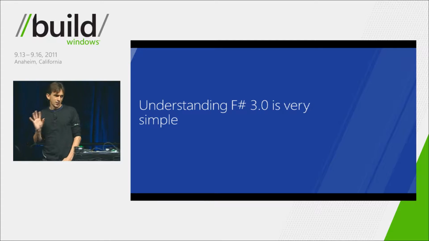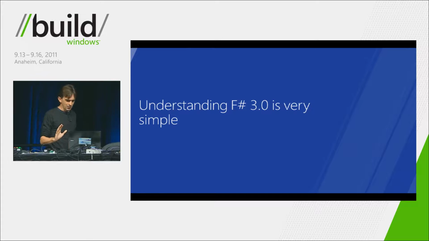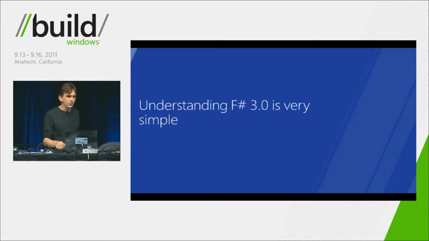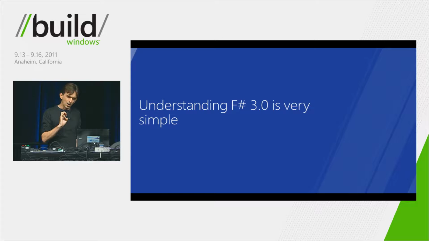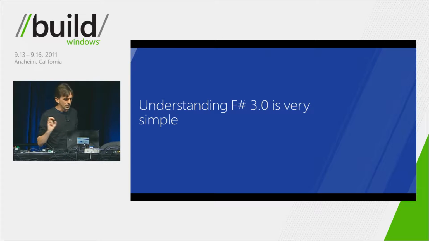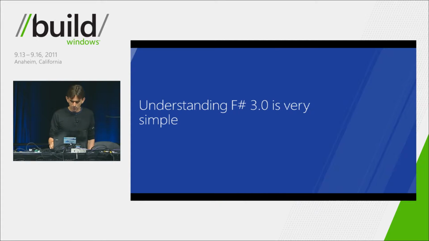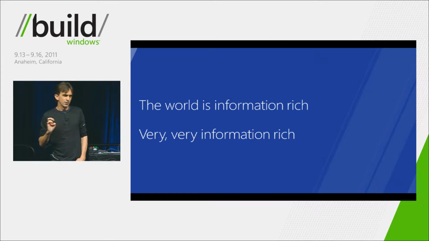Understanding what we're doing in F# 3.0 is pretty straightforward. I think it's a critical development in programming language design, in compiler design and tooling design. I think it's an essential step given the trends in the industry around data and information. So the world is extremely information rich.